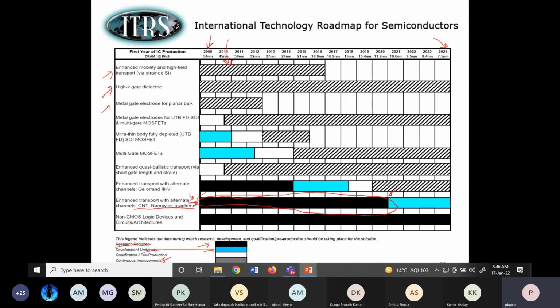So we are trying to develop different applications which can go hand in hand with silicon based MOSFETs. I will not say we are no longer interested in FET based devices with these materials, but we are more interested in other applications, so that we can take advantage of conventional silicon on one hand, and these non-conventional non-silicon materials on the other. This ITRS is no longer there after 2015.